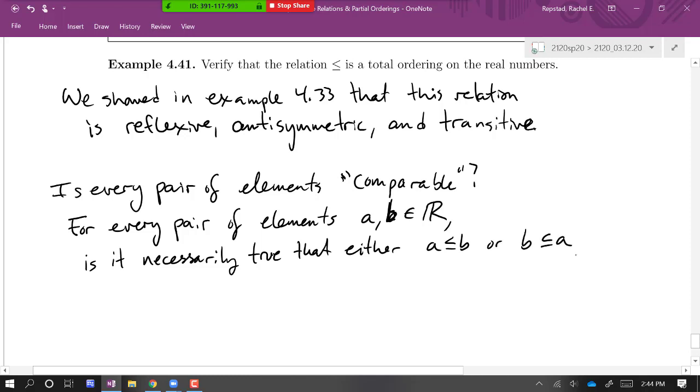Does one of those two things have to be true? Yeah, you just place them on the number line. One will be to the left of the other. Or maybe they're the same number, but that satisfies the or equal to. So this gets a big old yes. So it's a partial ordering where every pair of elements is comparable, and that means it's a total ordering.